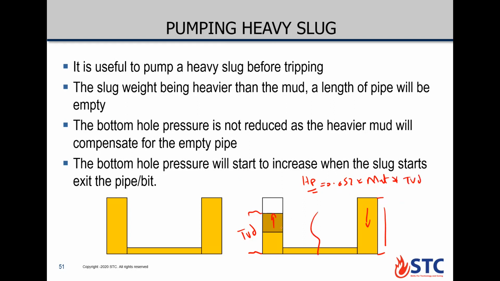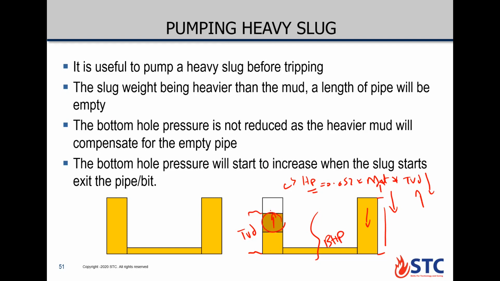So for the drill string side, we have higher mud weight and less TVD, so there's compensation for these two factors. So hydrostatic pressure is okay. But here for the annulus side, we have higher TVD and lower mud weight. So it's okay, it's a balanced situation. So bottom hole pressure here is okay, no change.